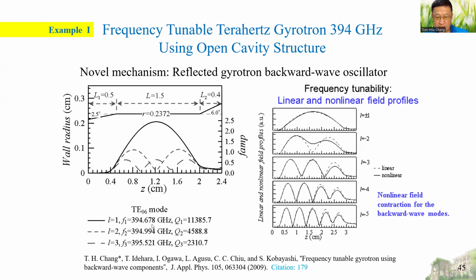First axial mode, resonance frequency very high. Second axial mode, third axial mode. Q1 is shown here. Frequency tunability, L equal 1, L equal 2. We just use the open cavity structure to calculate everything. This paper was published in the Journal of Applied Physics, on a frequency tunable gyratron using backward wave components, with high citation.